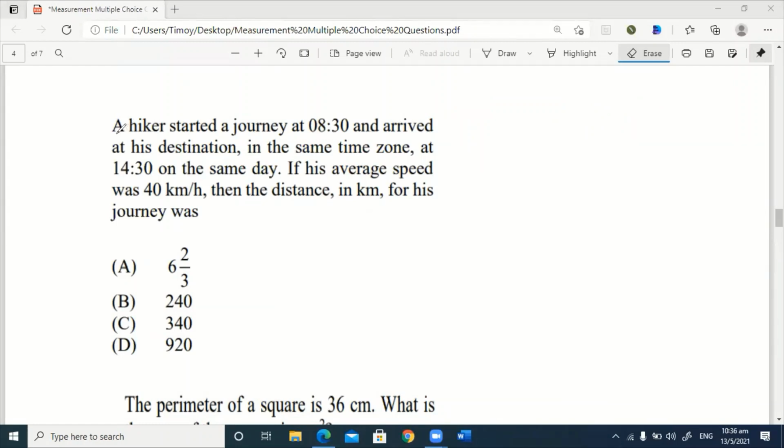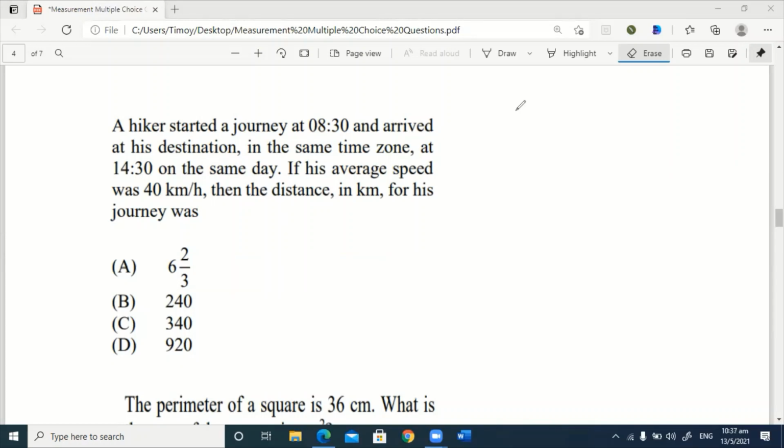Next question. A hiker starts a journey at 8:30 and arrives at his destination in the same time zone at 14:30 on the same day. If his average speed is 40 kilometers per hour, then the distance in kilometers for his journey was. What do we know about speed and distance and so forth?